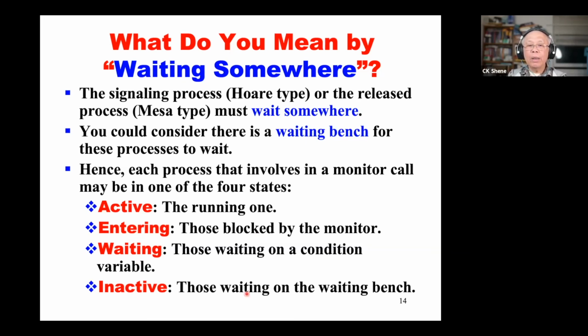Those processes waiting on the waiting bench are referred to as inactive. They were active, but because of the differences between the Hoare type and Mesa type, when a signal happens, one of these processes must be moved outside of the monitor and wait somewhere.